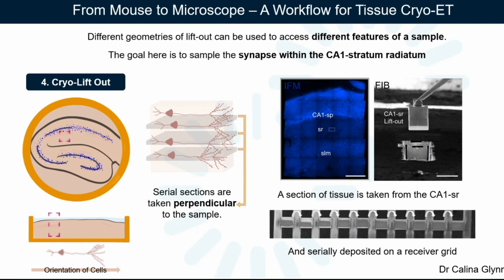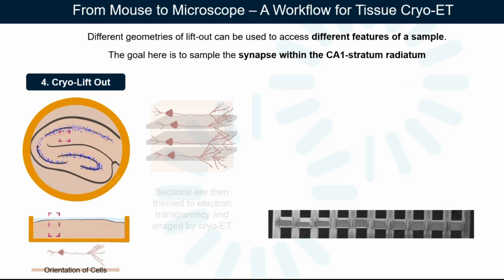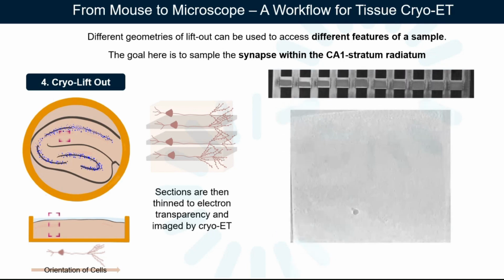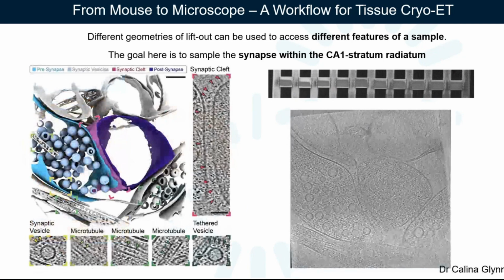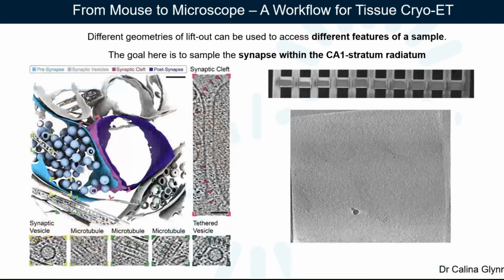So you bring your block of tissue in, you trim a small bit off, you weld it on with redeposition welding, move it over and repeat until your block of tissue is gone. So you have all of these lamellae in a sequential fashion that you can then mill to electron transparency. And here is a representative tomogram that we have of a synapse in the stratum radiatum.